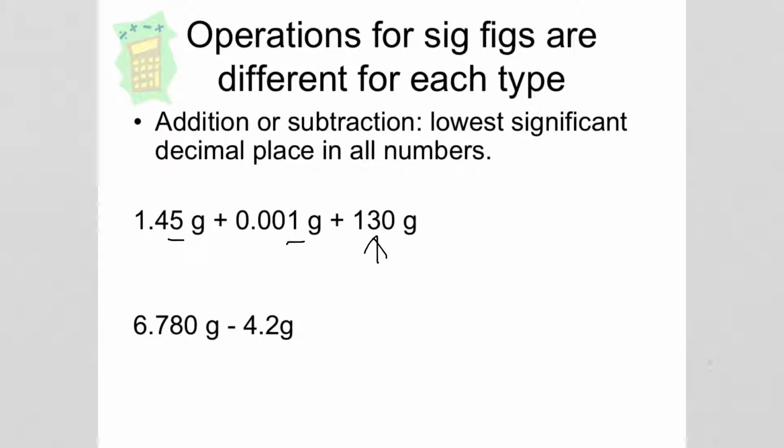Now if we were to add these up on a calculator, your calculator does not know sig figs. Humans do. So you would get originally 131.451 grams. But that is not to significant figures. We see that this would be rounded to the tens place because that's the lowest that they have in common.